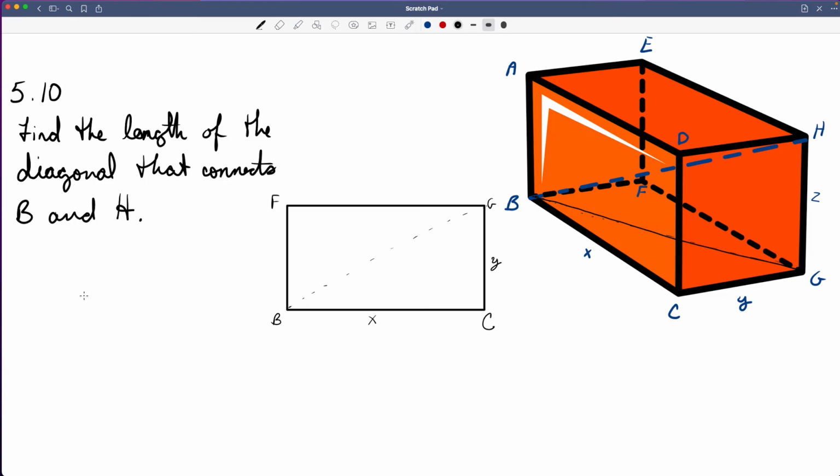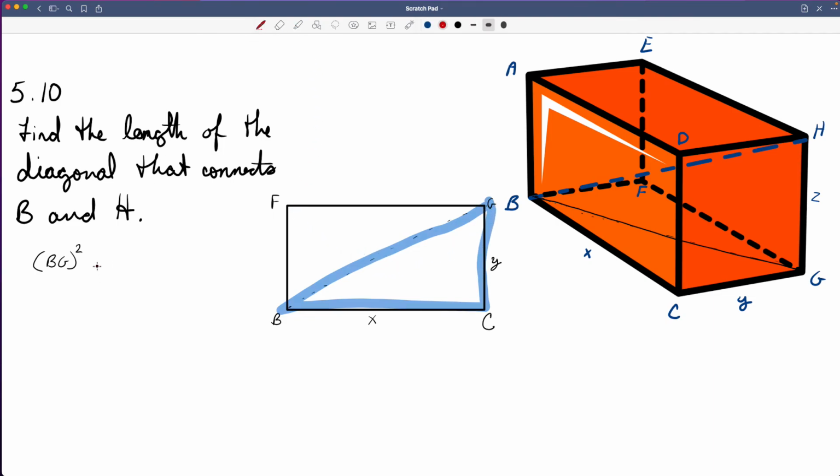And we're going to do that with the Pythagorean theorem. So we're going to say that the length of BG squared, right, because BG is the hypotenuse in this triangle. See that triangle right here? Let me use my highlighter for this. This is the triangle we're looking at. We're going to find the hypotenuse of this triangle, which is BG.